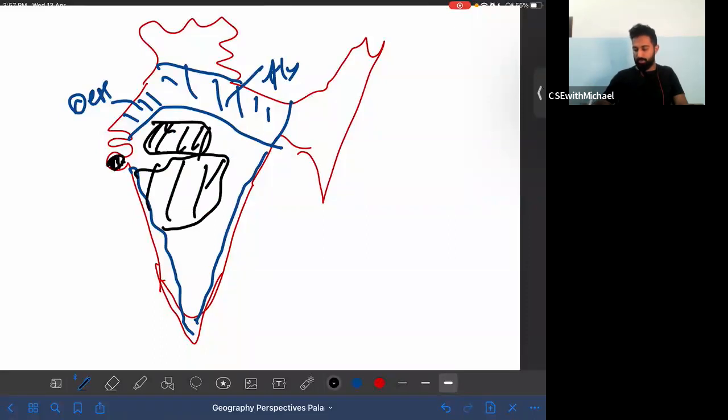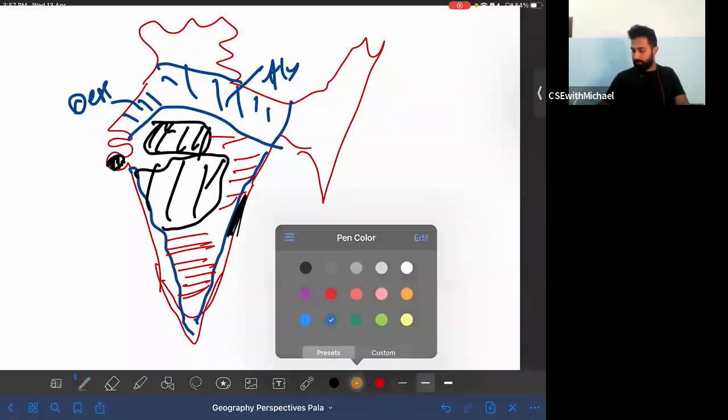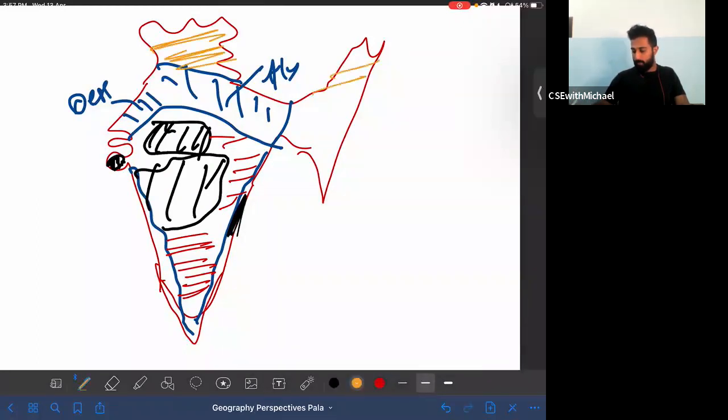These two are the black soil region. I'm just giving a rough picture to recollect what we have studied in GS. And all these are the red soil region. In between, you have a few regions with peaty soil. You have the regions of forest soil. You have the alluvial soil. This is the way it is distributed, and you know the different features of each of these soil areas, right?